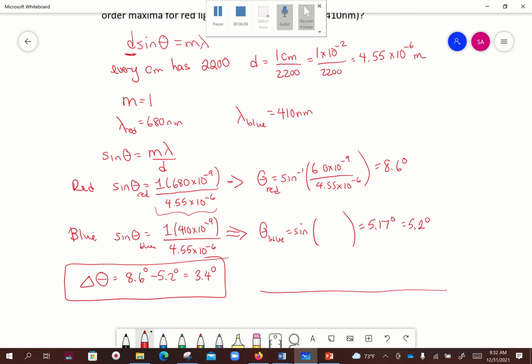If I look at a screen, the red light will be here, the blue light will be here. So if this is the center, the red light is scattered at a bigger angle than the blue light, and so you see a separation of the colors of the light.